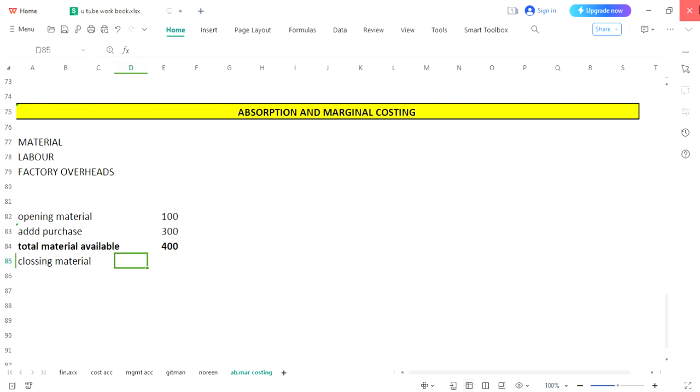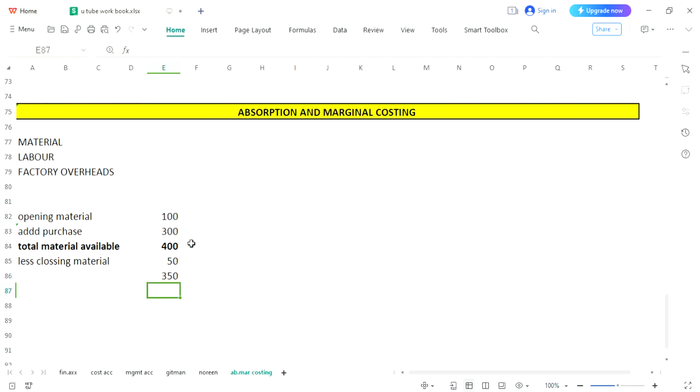But then what happened? You had some raw material still in hand. That means this raw material was not used in your production process. Say that raw material was of 50 rupees. So what will this 350 show? Now again understand.